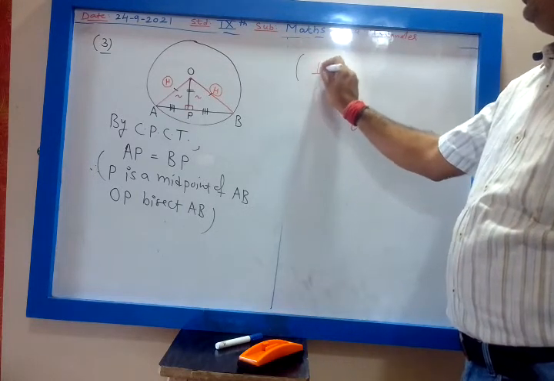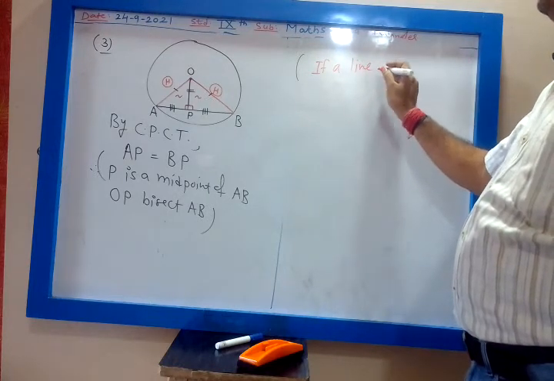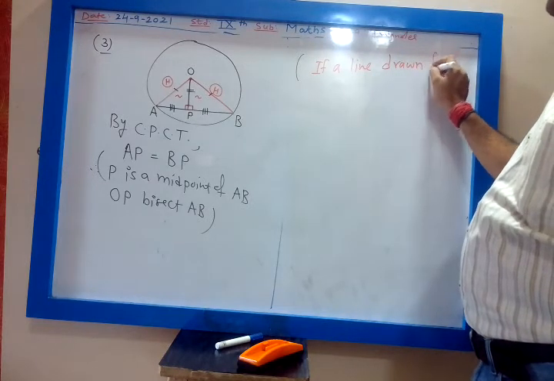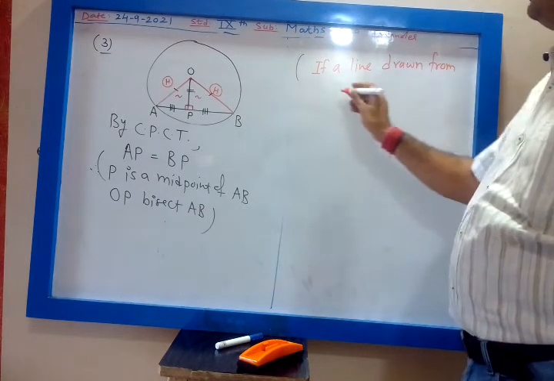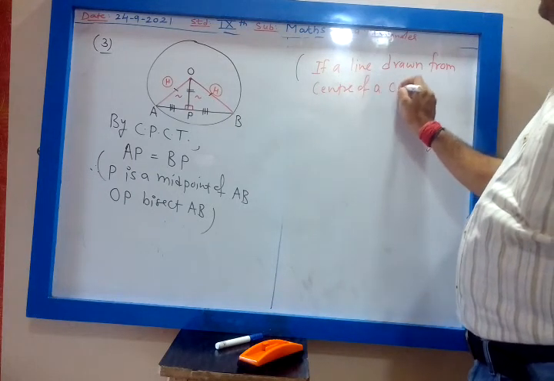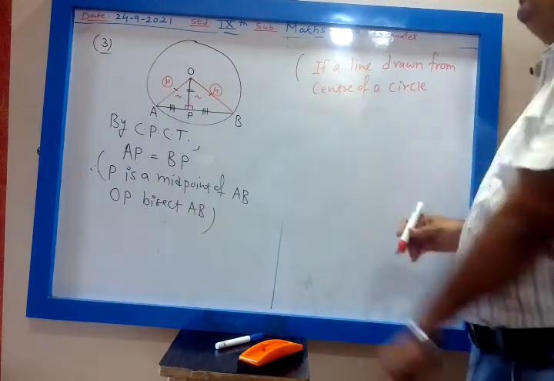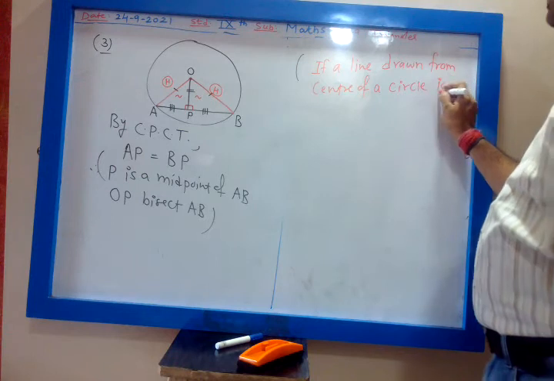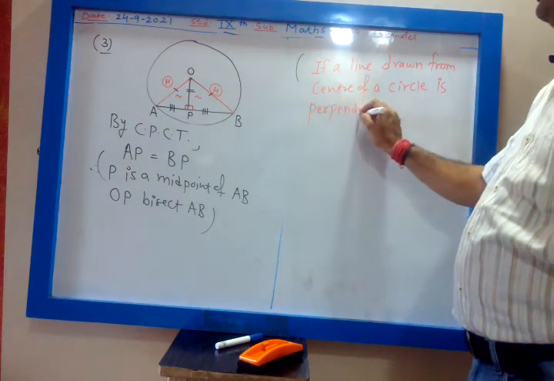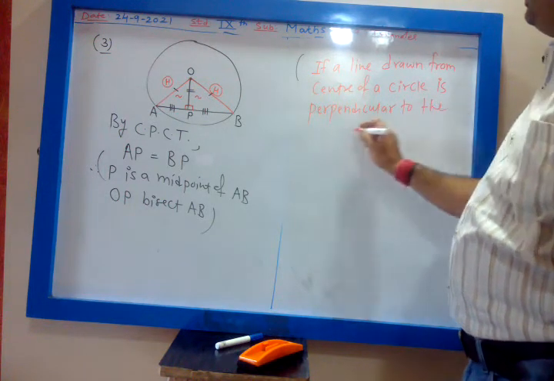If a line drawn from the center of a circle is perpendicular to the chord, then the line bisects the chord.